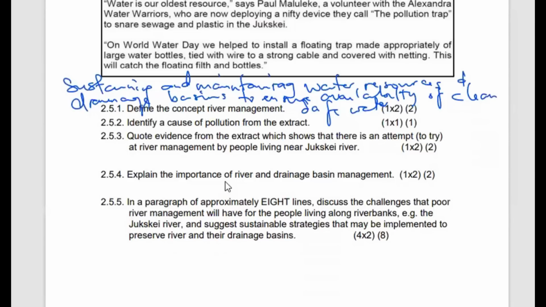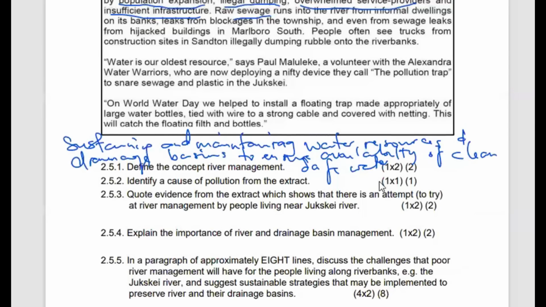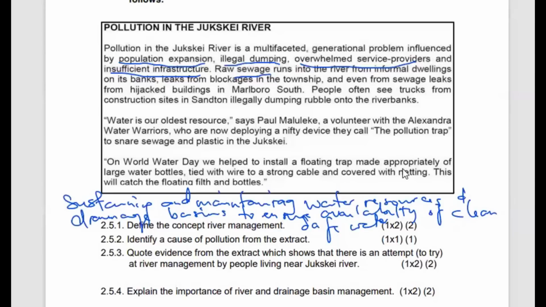Right, moving on to the next question. That is question 2.5.3. It says, quote evidence from the extract which shows that there is an attempt to try at river management by people living near Jukskei River. Right. If we check in our evidence that we have, we tend to find that it says leaks from townships, even sewage leaks from hijacked buildings in Marlborough South.